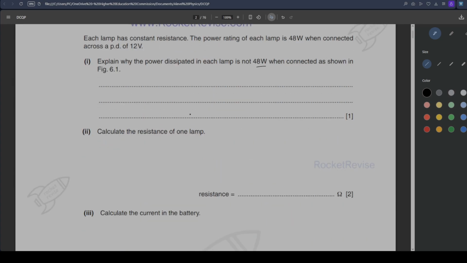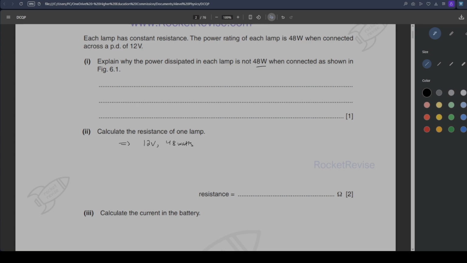Calculate the resistance of one lamp. Okay, so we know that for the lamp, when it receives a potential difference of 12 volts, its power is 48 watts.